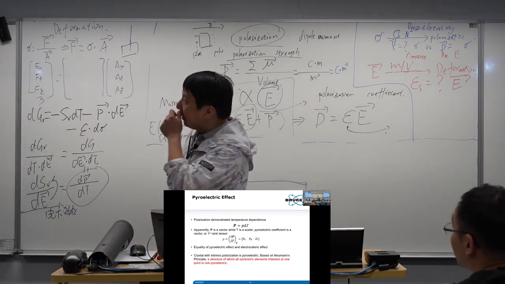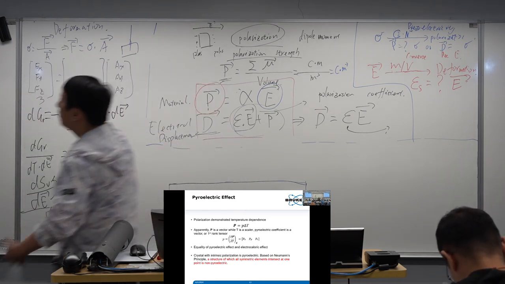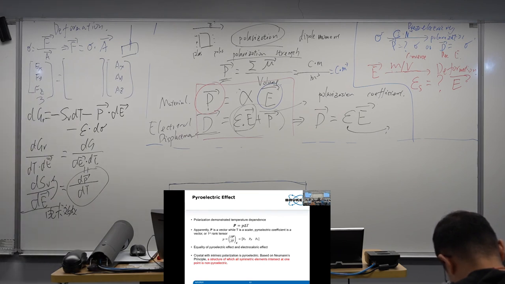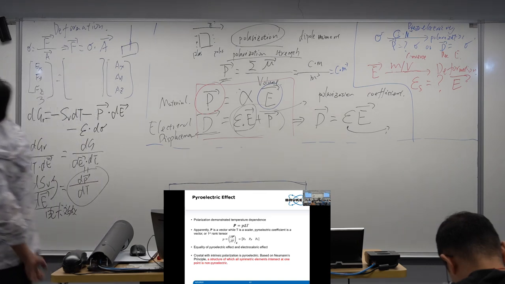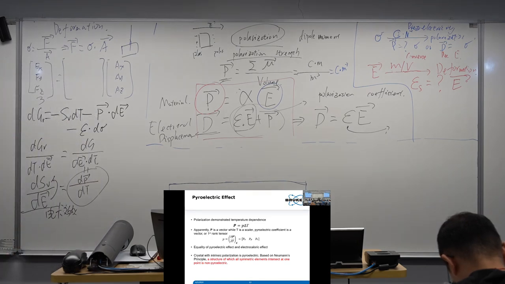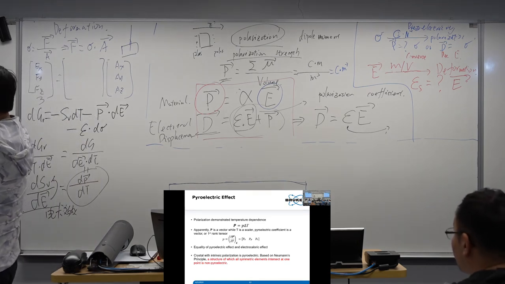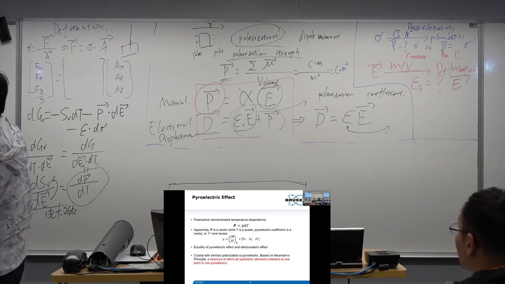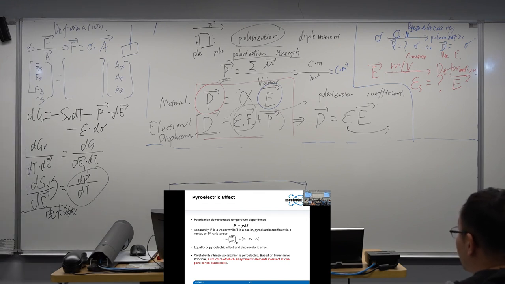Pyroelectricity means we change temperature and we change the polarization, but the temperature itself is a scalar. If you change temperature, every direction should change. So if we want our polarization to be changed by a scalar, it means the polarization itself cannot be zero.